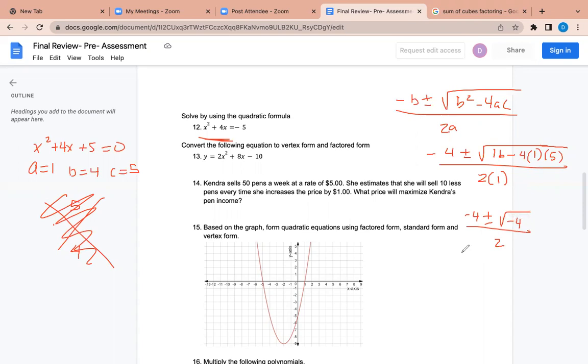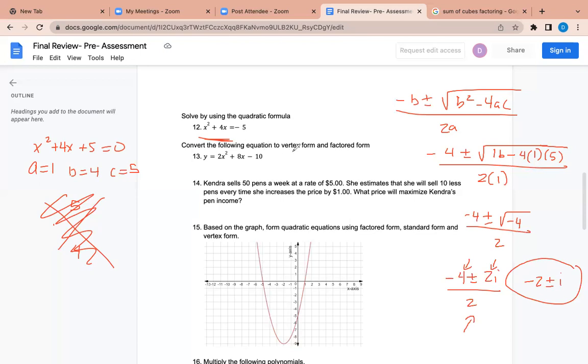Remember that when you have a negative in the square root, it's an imaginary number. So it'd be -4 plus or minus 2i all over 2. And because every term is divisible by 2, it would be -2 plus or minus i. That's your answer. Okay.